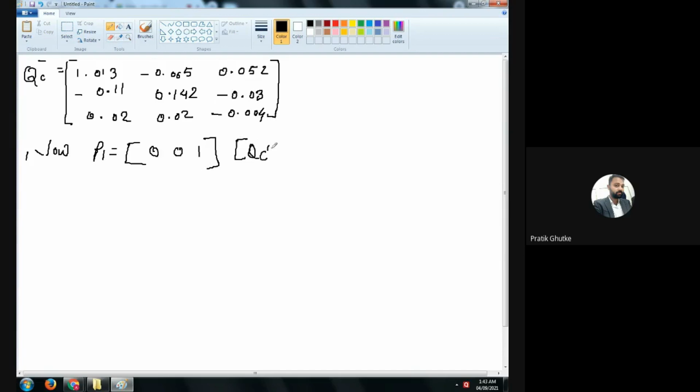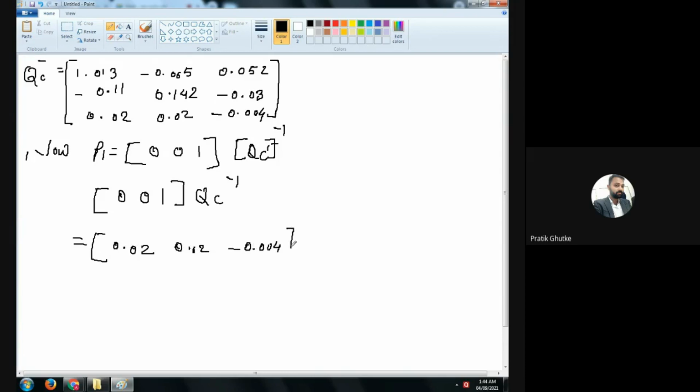Now P1 into QC inverse. P1 into QC inverse, that is 0, 0, 1 into this QC inverse matrix. So what will it be coming as? It would be coming as 0 0.02, and then minus 0.004. This is your P1 matrix. So you know how to find the P matrix, the complete P. This is P1, this is P1A, and the third row would be P1 into A square.